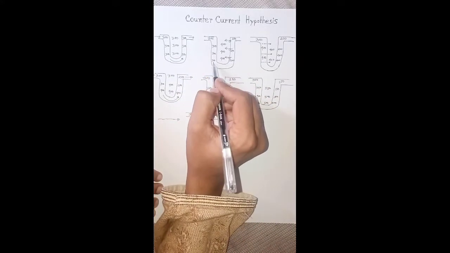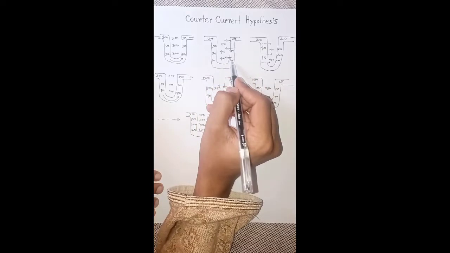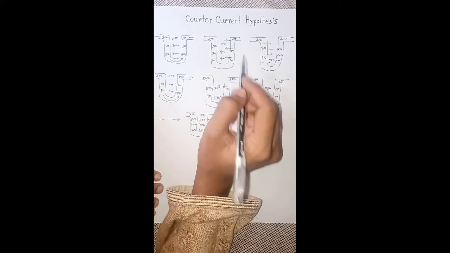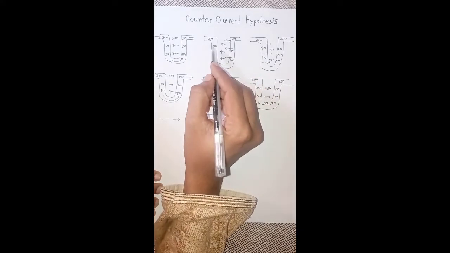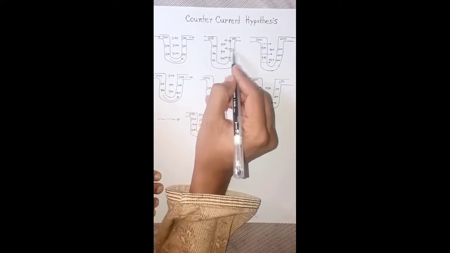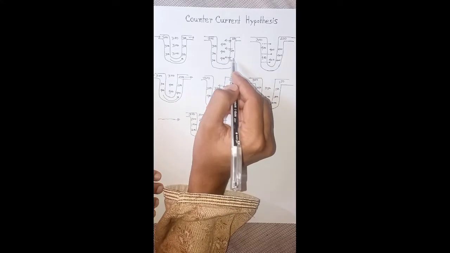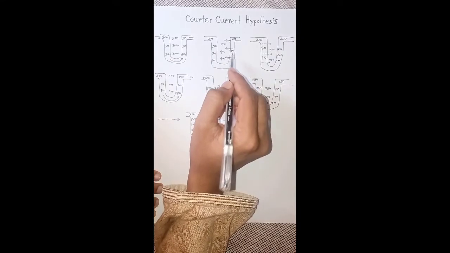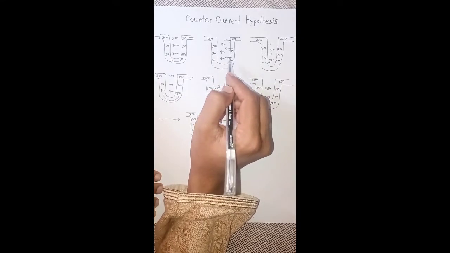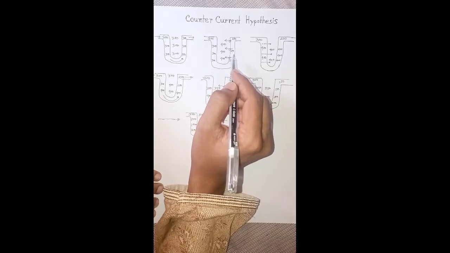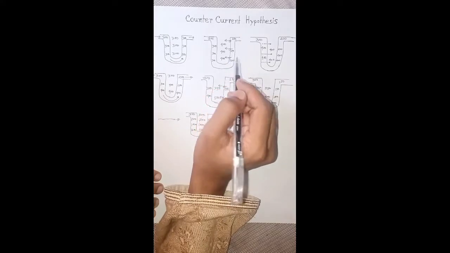this is the descending loop of Henle and this is the ascending loop of Henle. In the ascending loop of Henle there are some carrier proteins which are responsible for the active sodium pump.